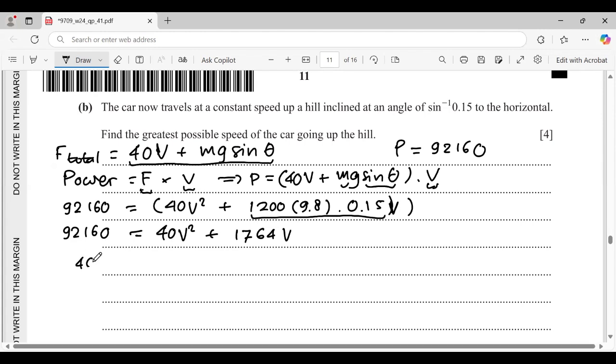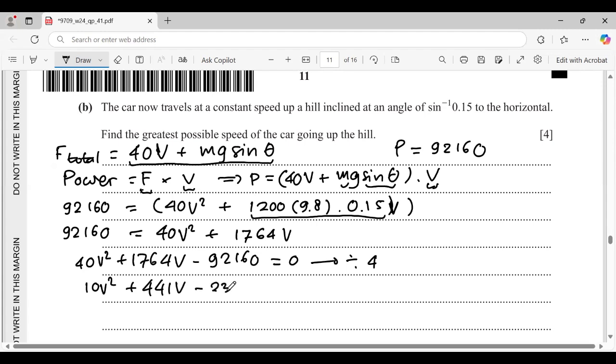It's going to be 40v squared plus 1,764v minus 92,160 equals 0. And I would like to divide by 4. If you divide by 4, it becomes 10v squared plus 441v minus 23,040 equals 0. So if you look at this quadratic equation, a equals 10, b equals 441, and c equals minus 23,040.